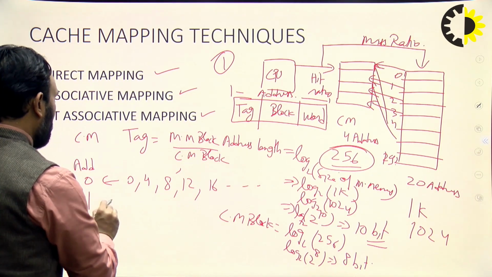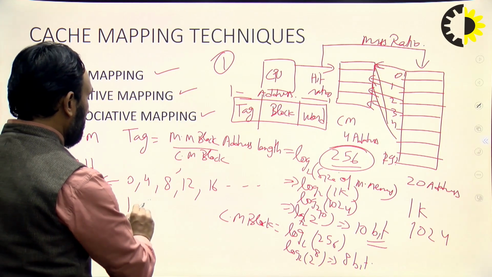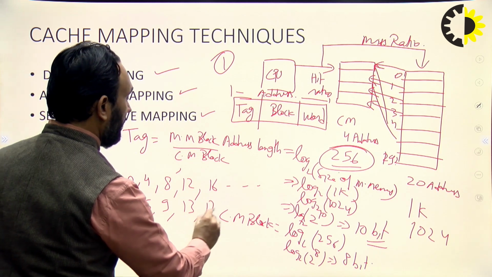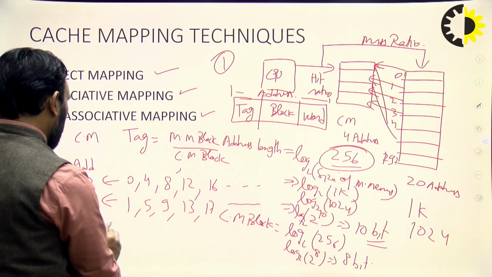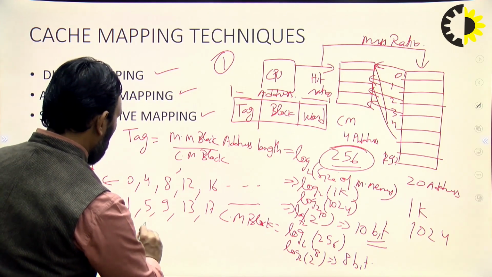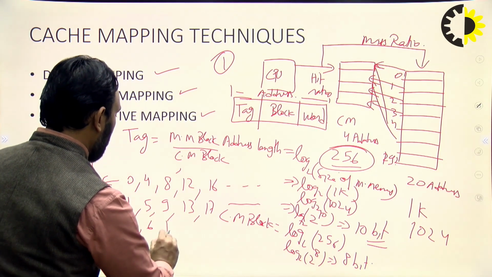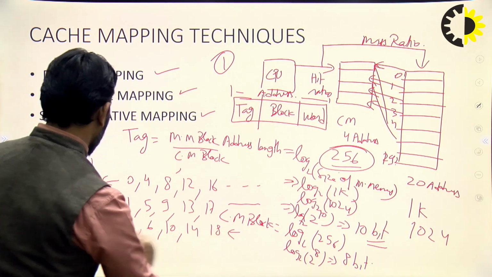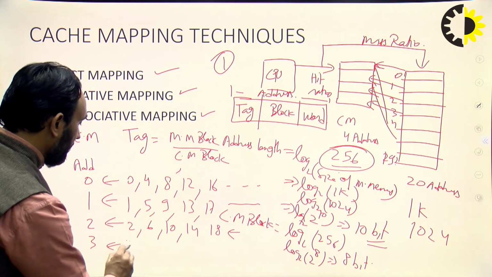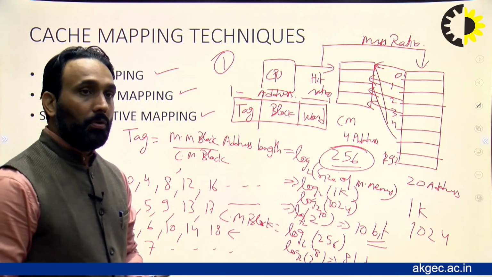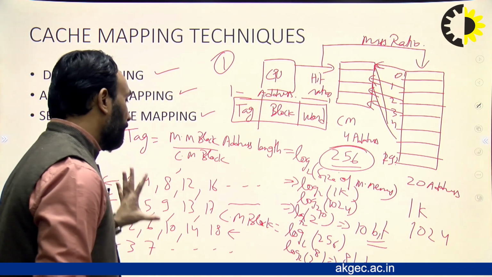Likewise, address 1 consists of 1, 5, 9, 13, 17, and so on. Address 2 is mapped with 2, 6, 10, 14 and 18. Likewise, address 3 has 3, 7 and so on. So this mapping is fixed.